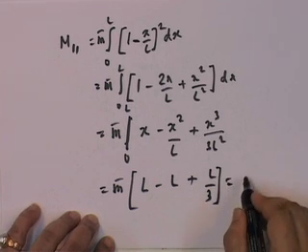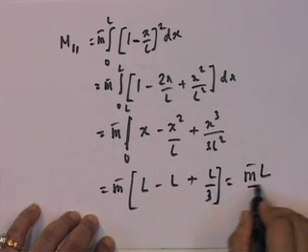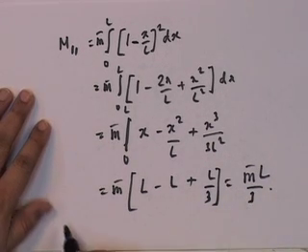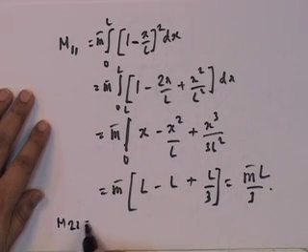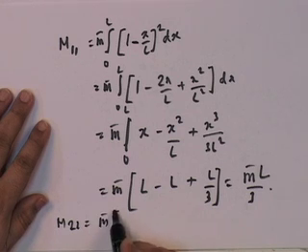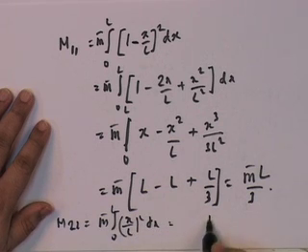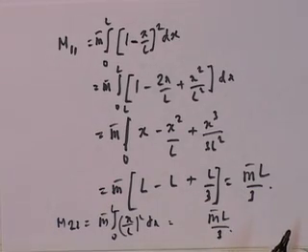So, I get M11 to be m bar L upon 3. Do M22, which is m bar integral from 0 to L of x upon L the whole square dx, and you will see that this is also equal to m bar L upon 3.